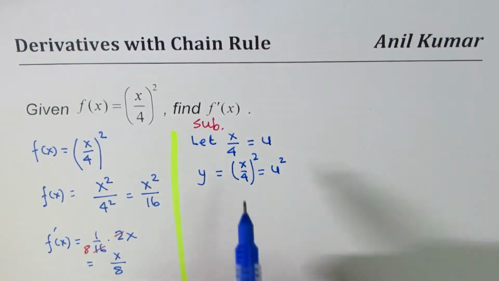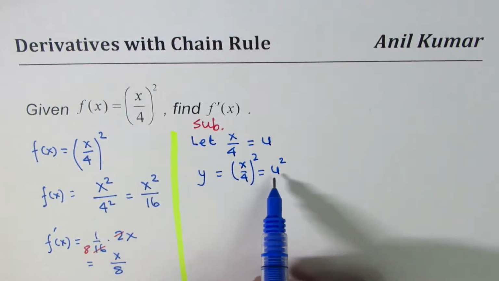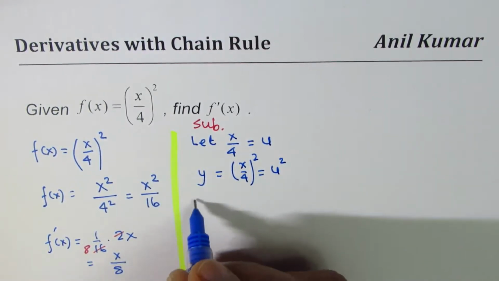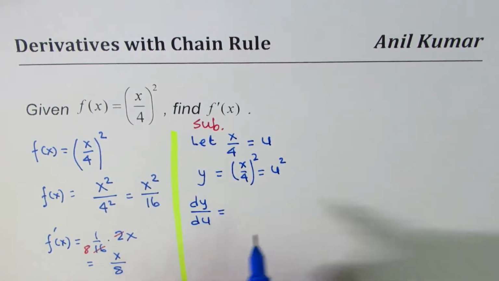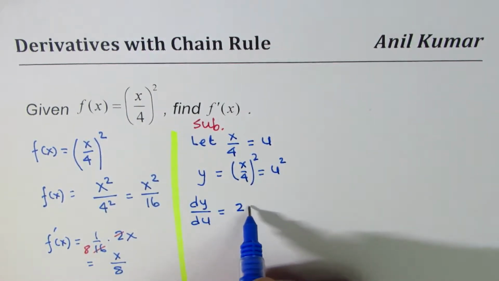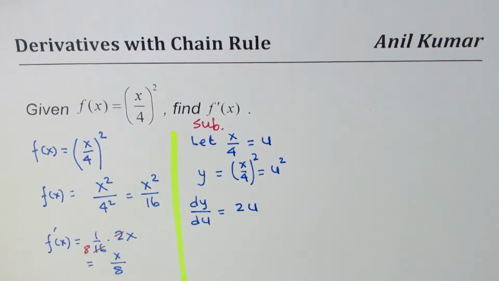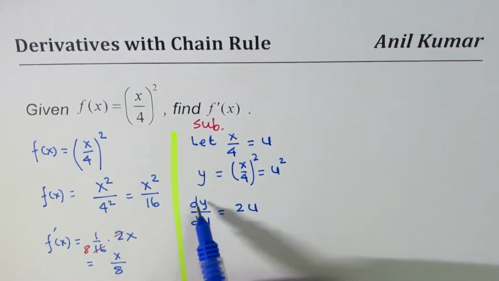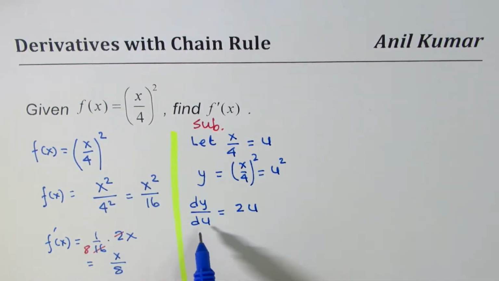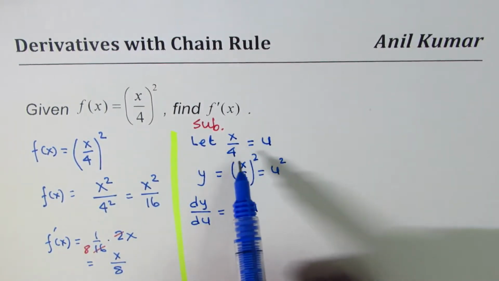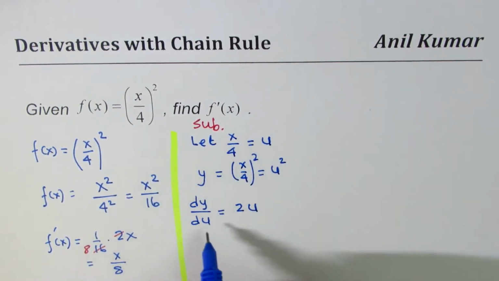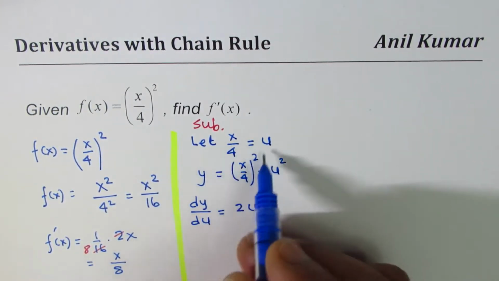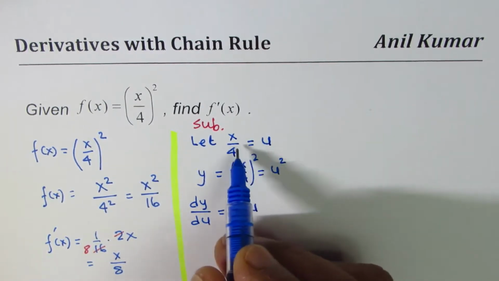Now if I find the derivative of this function with respect to u, what do I get? That is to say, dy du will be equal to 2u, correct? Now that is dy du. We need dy dx. How do we get that? As we do in substitution, x over 4 is equal to u, we can find the derivative of both in terms of x.